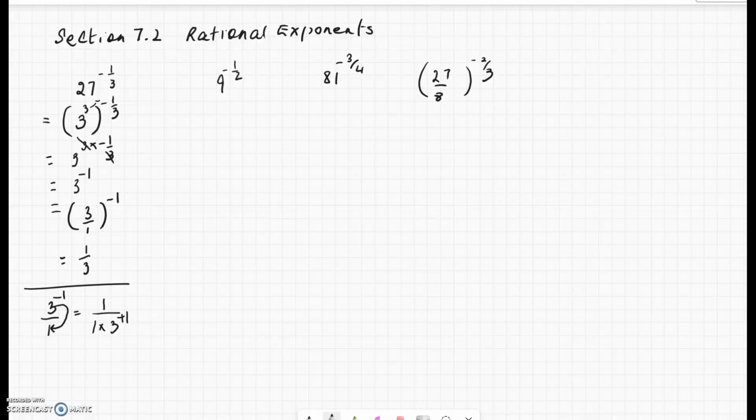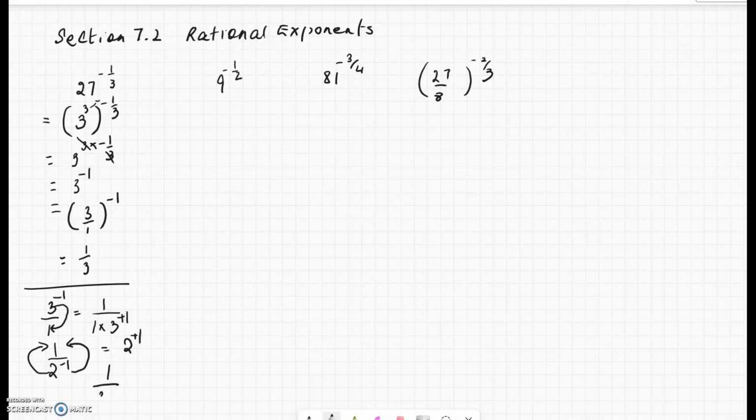Moving a number from the numerator to the denominator or from the denominator to the numerator changes the sign of the exponent. So suppose I have 1/2 to the negative 1. I can move the 2 up and it becomes 2 to the positive 1. So changing the position of the number changes the sign of the exponent.